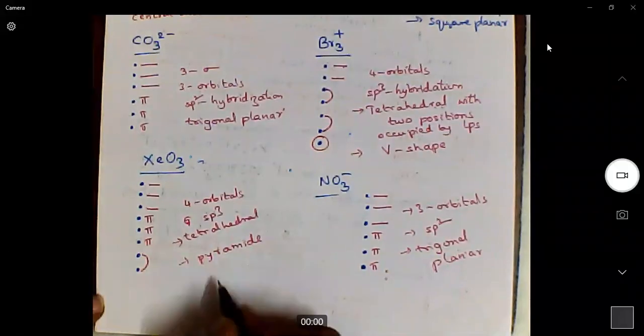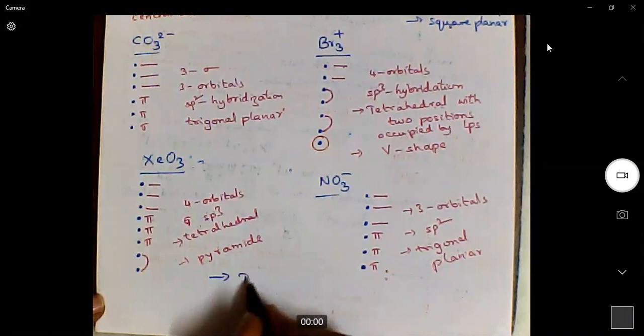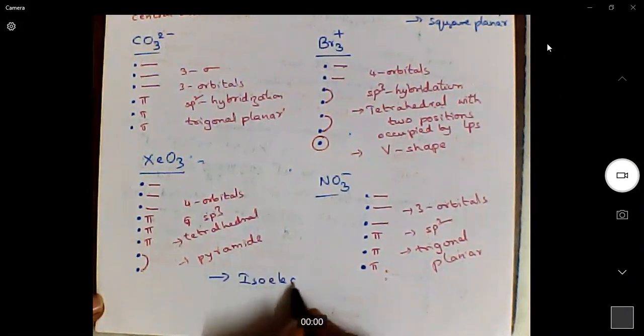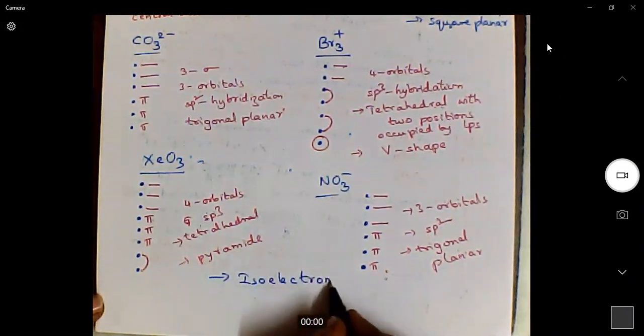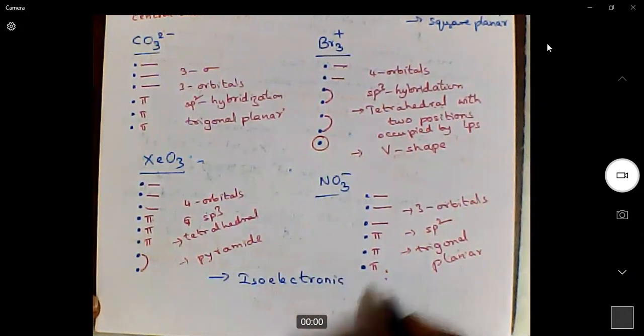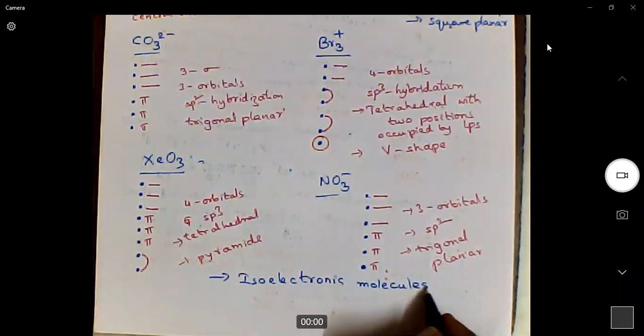There is one more point that needs to be added here: isoelectronic species. Isoelectronic species or isoelectronic molecules means molecules with the same number of total electrons, or molecules with the same number of valency electrons. Isoelectronic means we can take any of them.